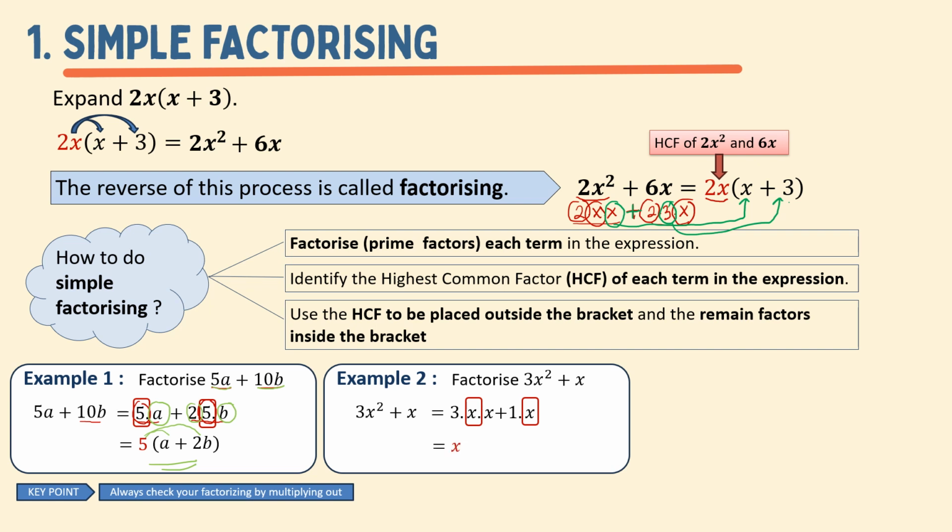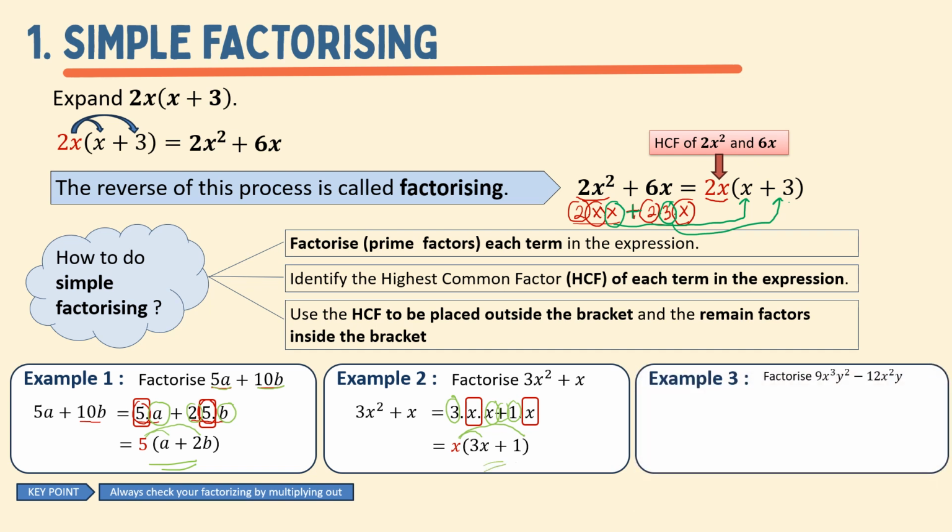So put x outside the bracket. And what's inside the bracket? The remaining factors, which are 3x plus 1. Just like this. So you can write 3x squared plus x as x multiplied by, inside the bracket, 3x plus 1. You can check your answer also. x times 3x is 3x squared, and then x times 1 is x. So your answer is correct.